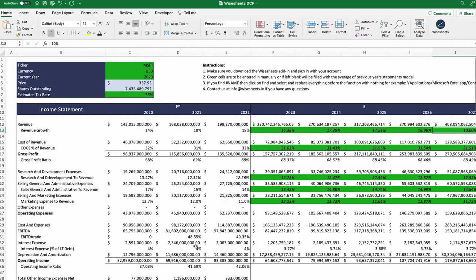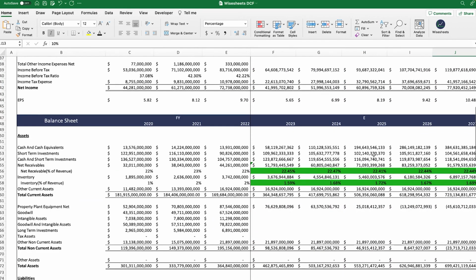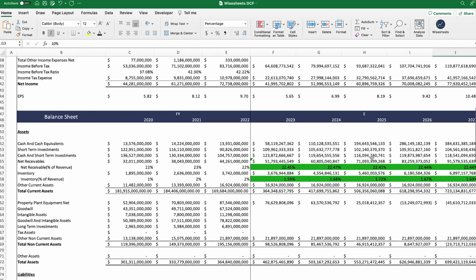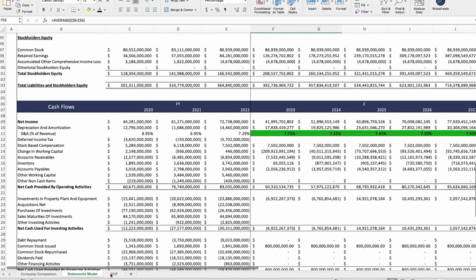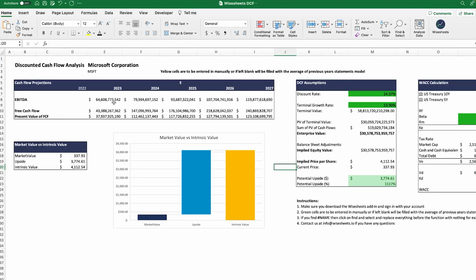And then after you make all the assumptions for all the different items of the financial statements that really matter, mostly the ones that you can see are in green, then what you would do is be able to project the future cash flows of the company. And then based on the future cash flows, then you can find the present value of the company or the price per share.